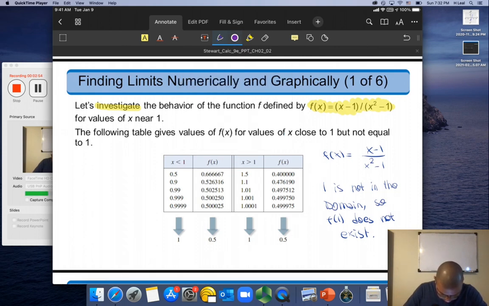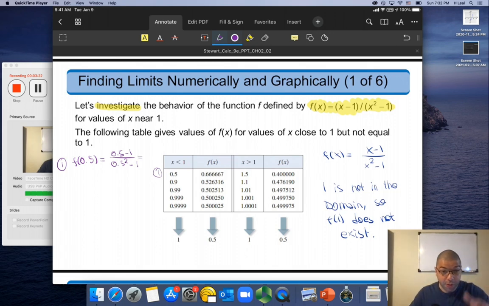So here is what's being done. They're choosing x values. If I plug in x equals 0.5, which is what I called the first point in the previous video, this will be f of 0.5, which is 0.5 minus 1 over 0.5 squared minus 1.